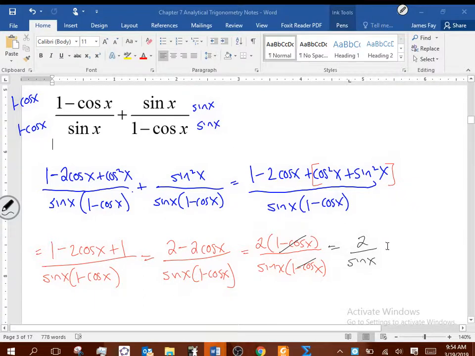Now, you can go straight to cosecant there if you want to. But the reason for that is, isn't 2 the same as 2 times 1? Can I take 2 times 1 over sine of x? Is that still going to give me 2 over sine x? Yes. And what's 1 over sine x? Cosecant.